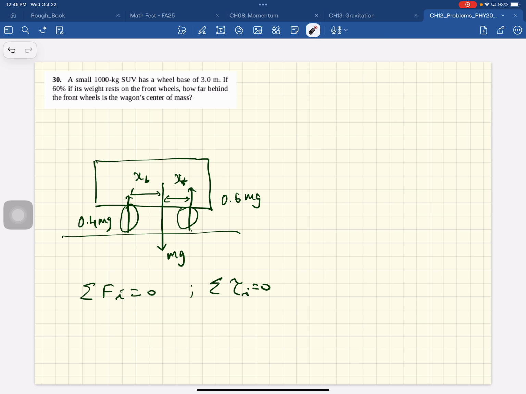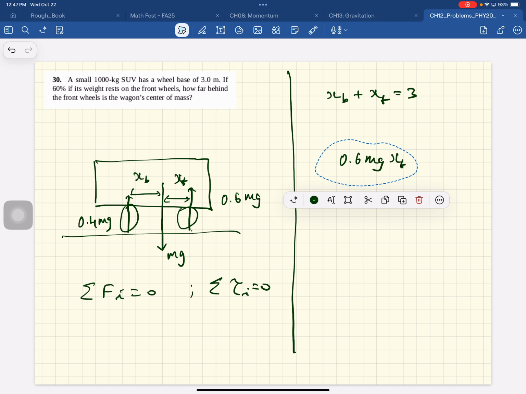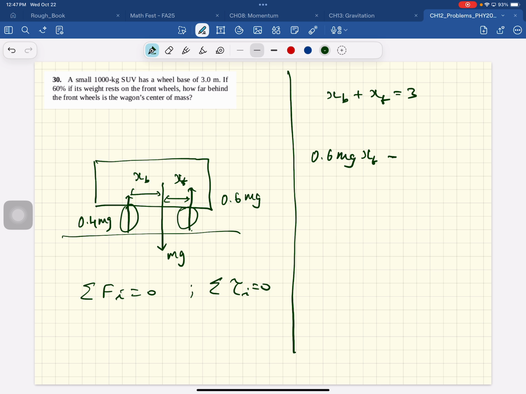So we know that xb plus xf is 3 meters, and now we're doing this equation. 0.6 mg times xf, there is the moment arm, there is the force, and that's a counterclockwise torque, so it's positive, and then negative 0.4 mg times xb equal to 0.